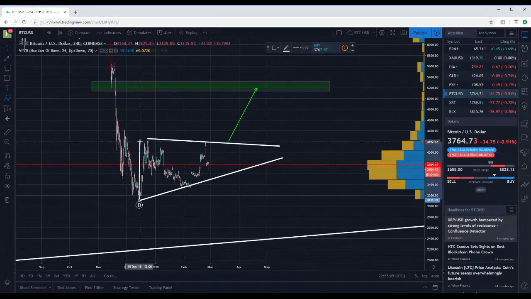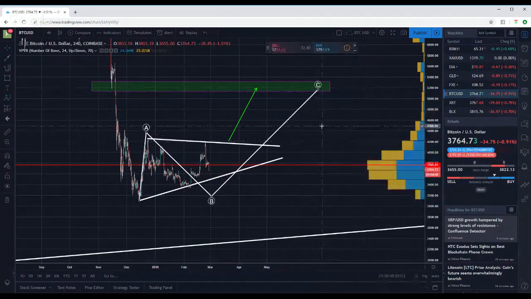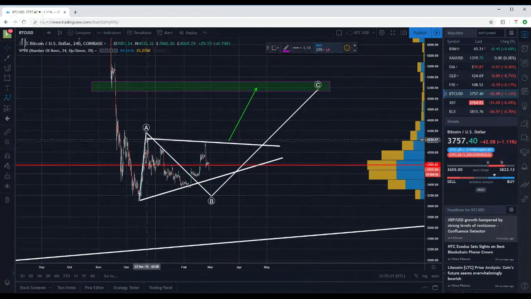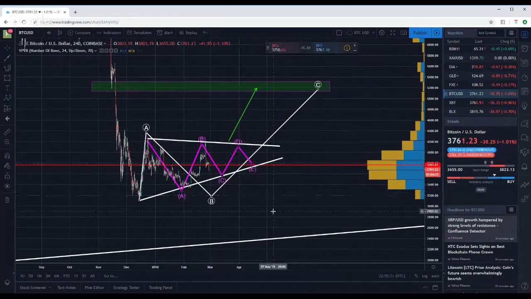So basically we would have this whole triangle as a B, and the way that this would be labeled here would be A, B, C, D, E, failure.